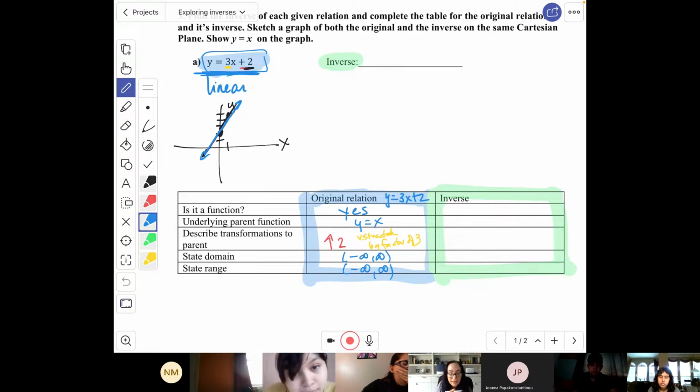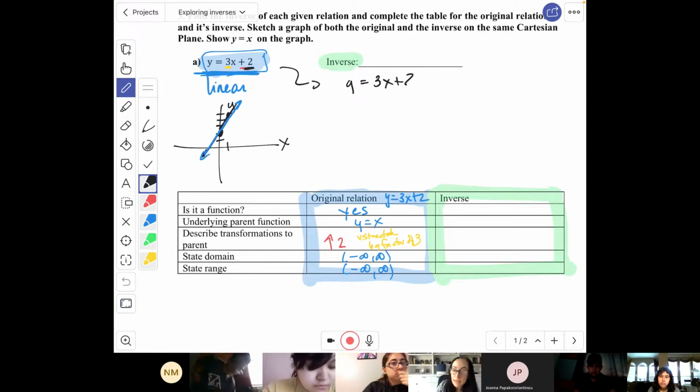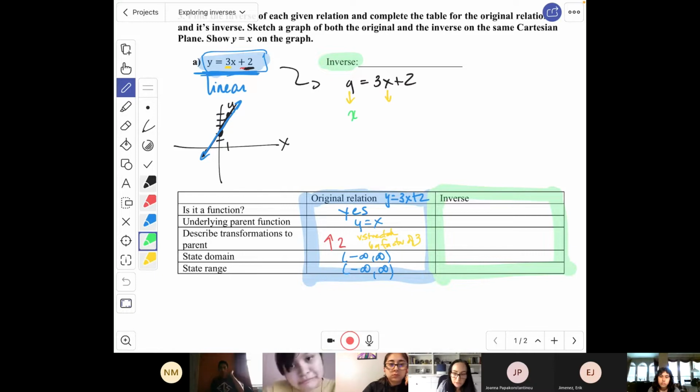So algebraically, if I'm interchanging my domain and range, can't I take this equation and, to easily find the equation of the inverse of the given function, interchange my x and my y? So to find the inverse, I'm going to let y equal x, I'm interchanging them, equals 3 times, now that x becomes y.